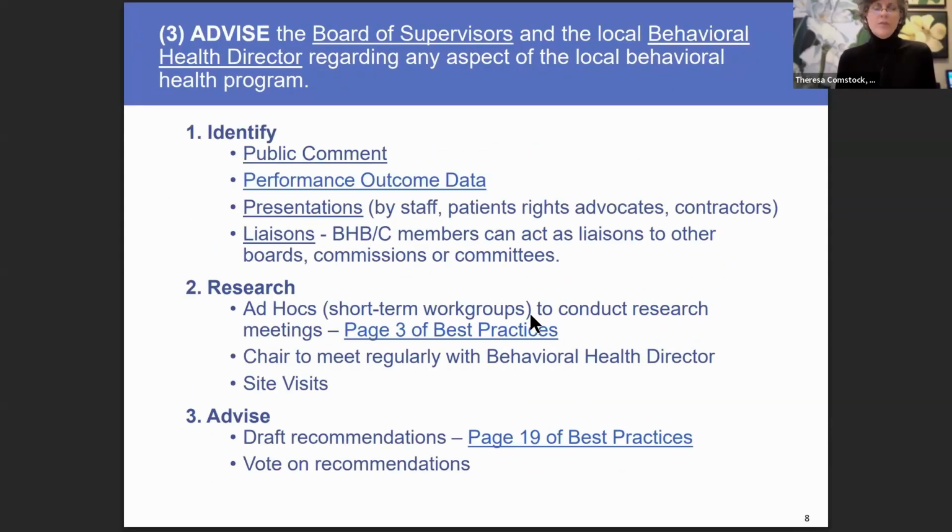All right, so our next duty is to advise the Board of Supervisors and the local behavioral health director regarding any aspect of the local behavioral health program. So Board of Supervisors and local behavioral health director, that's who you advise. With the Board of Supervisors, what we've seen usually, the best practice is to advise through your annual report.